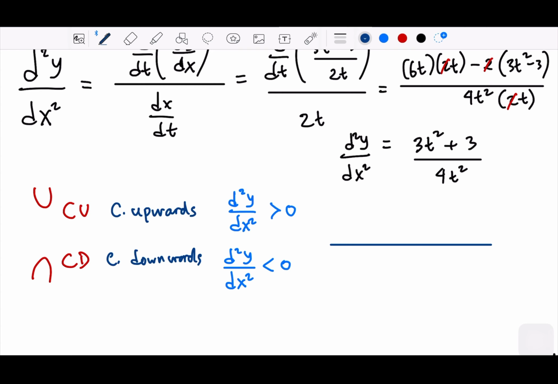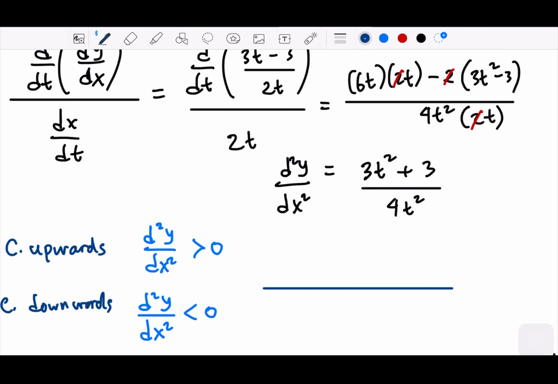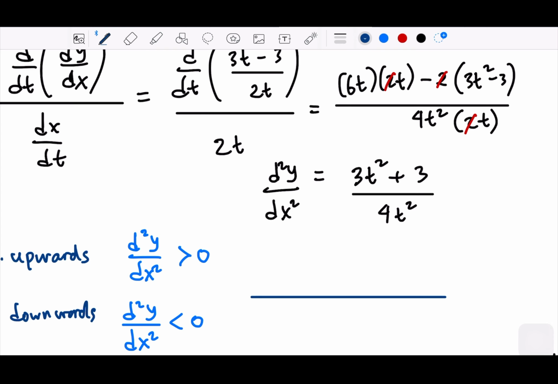Now we know from our restriction, what number makes this second derivative not really defined?